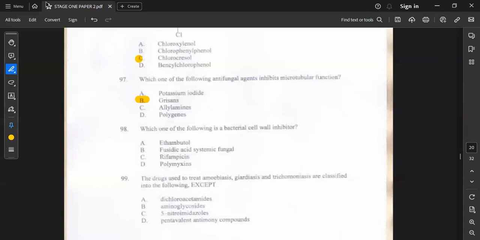Then we have allylamine drugs like terbinafine and naftifine. Then the azole derivatives: imidazoles, which include clotrimazole, miconazole, then ketoconazole. In triazoles, we have fluconazole, itraconazole. Thiazoles, we have abafungin, and nucleoside antifungal, you have flucytosine.